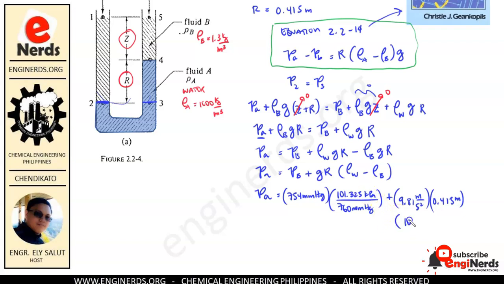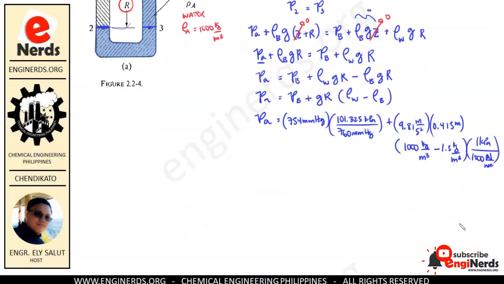We have 1,000 kilogram per cubic meter minus the density of our fluid, which is 1.3 kilogram per cubic meter. Guys, we have done this many times in our previous problem. So we know that our unit here will be in Pascal, or Newton per square meter. So we are going to convert that into kilopascal. So we have 1 kilopascal over 1,000 Newton per meter squared.